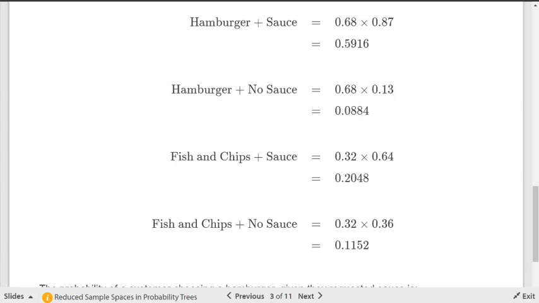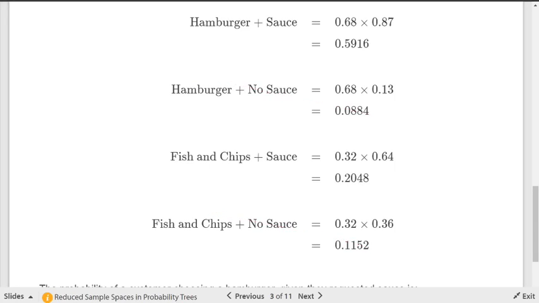No, I don't know why they calculated all four, because we don't care. We're only interested in the branches that had sauce, right? So if you're doing this for yourself, I see no reason to calculate those. Unless they ask you to calculate each probability for every branch, that might be different, right? But if they don't ask for it, do we need it?